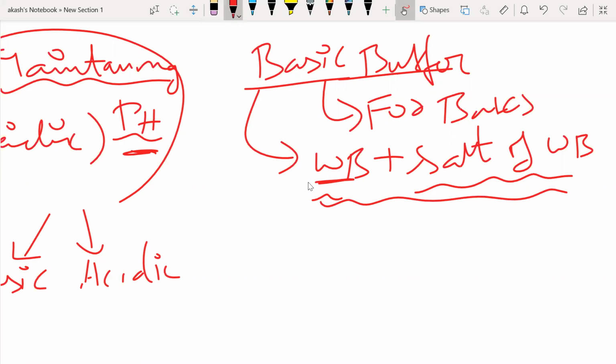What can be examples? We have to add a weak base and a salt of the weak base. Say, for example, I can take any weak base, for example NH4OH, plus I have to take the salt of this weak base. What can be the salt of this?